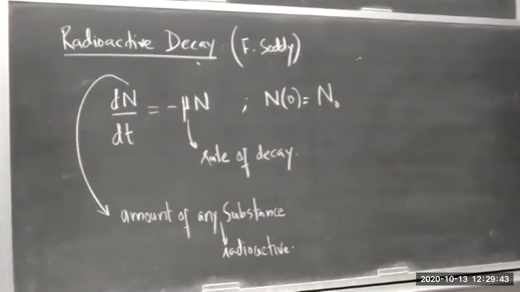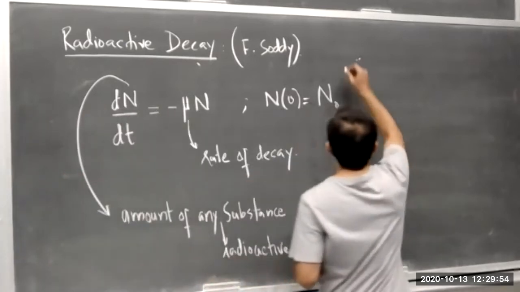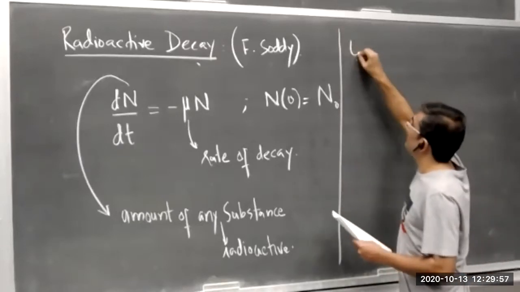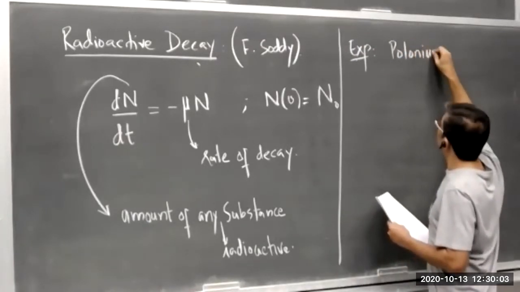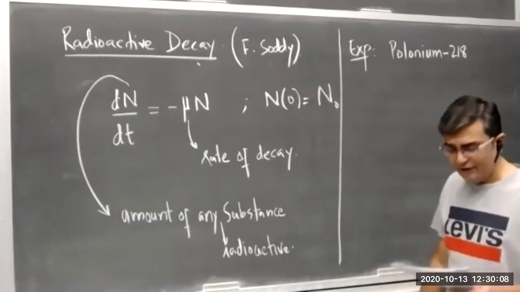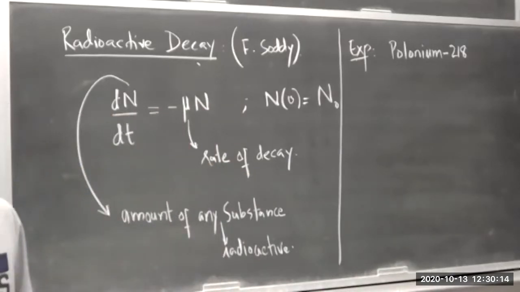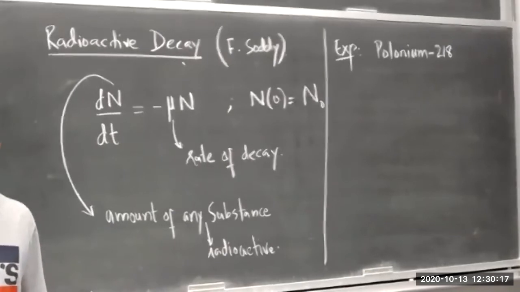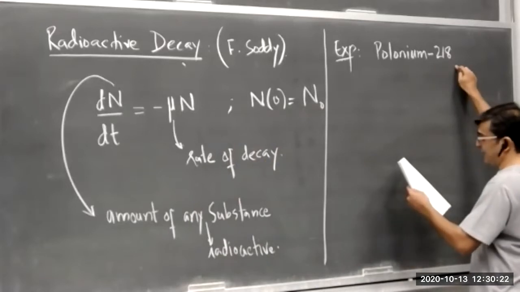For example, let us discuss this example: polonium 218. Polonium 218 is a certain radioactive substance which decays over time. This material decays exponentially.